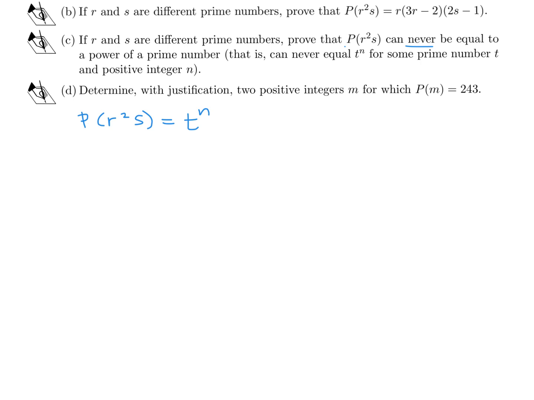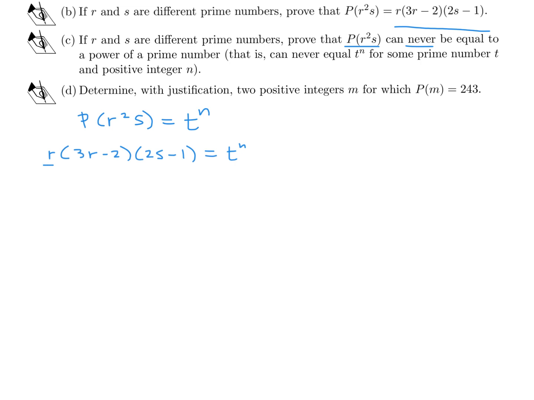So this part here, we've already been told that it's equal to that. We proved that too, so I'm going to put that in there. And that is equal to t to the power of n. Now, if you look at this equation, on the right side it's t to the power of n, and on the left side you have all these letters.